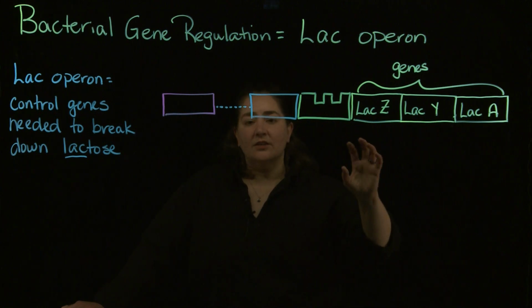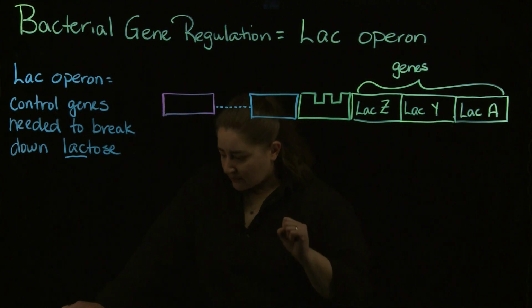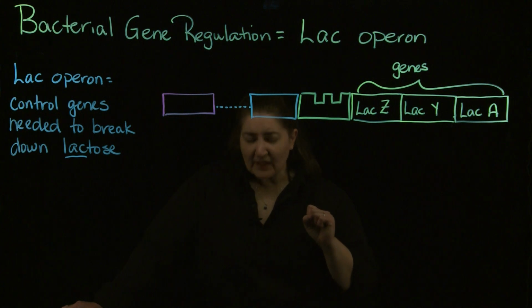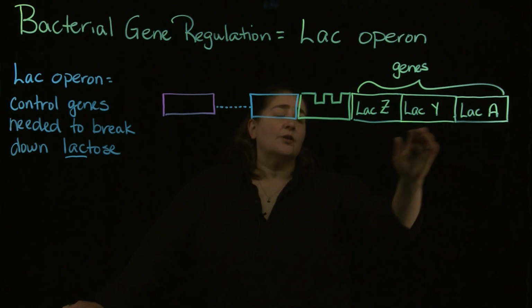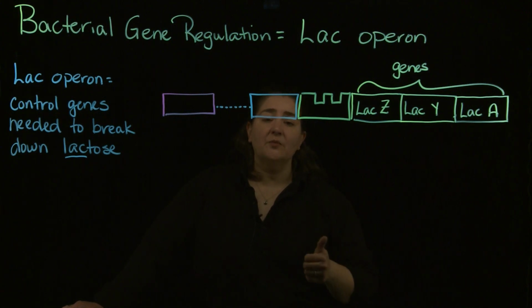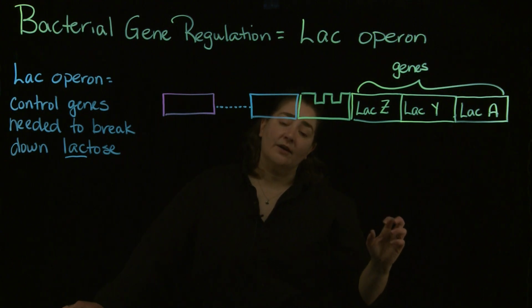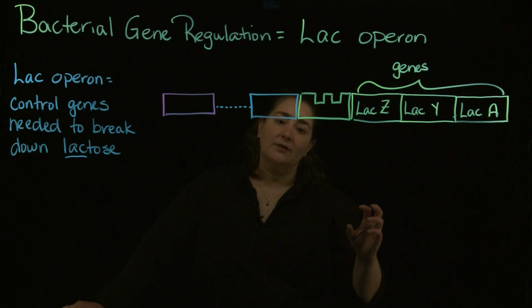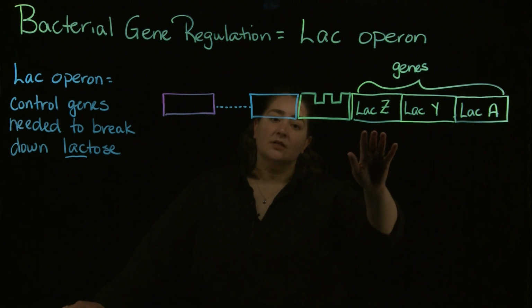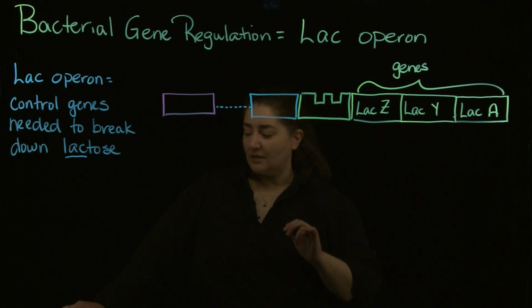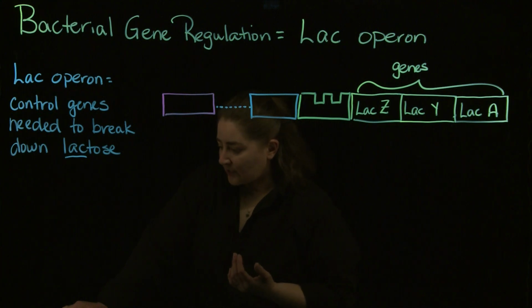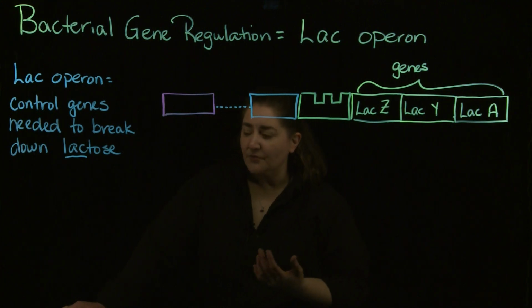All right? There are also in the Lac Operon 2 other genes. One is a permease. The permease allows the bacteria to pull lactose from the environment into the cellular environment, into the cytoplasm, so that it can break it down. All right? The other component is a transferase.